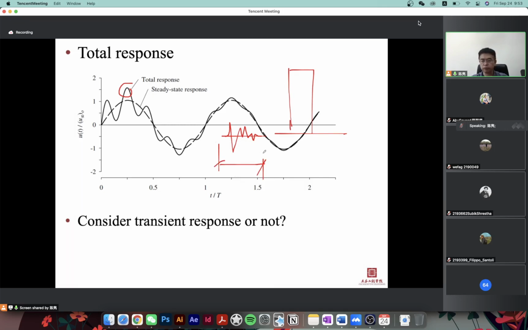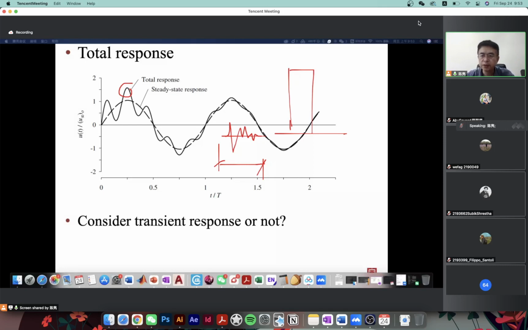The duration of an earthquake is usually short, especially the main part with high energy, about 20 to 30 seconds. So it's very short. In this case, you need to consider the total response of the structure. You cannot just consider the steady state response, and you cannot ignore the so-called transient response.